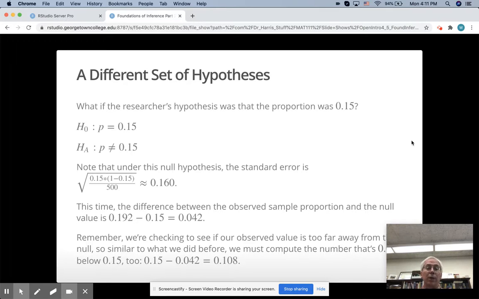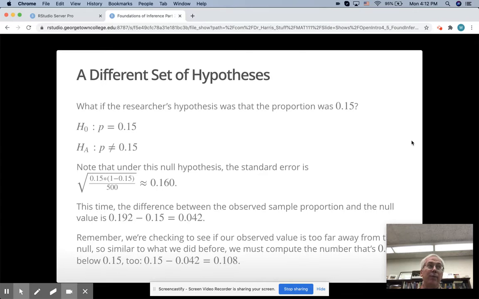Okay, so just a quick other example. Suppose that our null hypothesis had been p equals 0.15. Let's go ahead and compute a p-value in that case. If the null hypothesis is true, then the distribution of p-hat would be centered at 0.15, and the standard error would be the square root of 0.15 times 1 minus 0.15 over 500, which is a little bit smaller number, about 0.016. 0.192 is 0.042 above the null hypothesis.